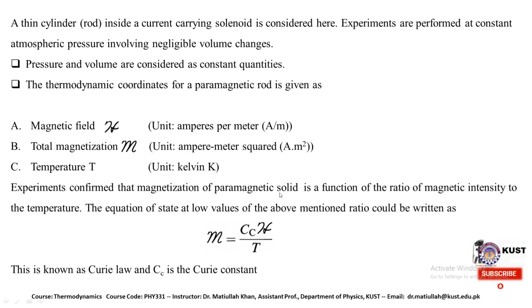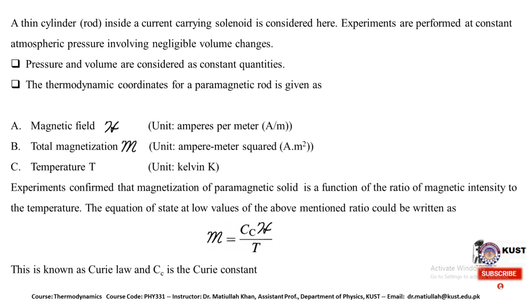So the equation of state at low values of this ratio could be written for the paramagnetic rod at equilibrium as: small m is equal to C_c multiplied by H divided by T. This relationship is called Curie's law, and the subscript c in C_c denotes the Curie constant, which describes how we can understand the total magnetization of a particular system. So this is the equation of state for the paramagnetic rod.